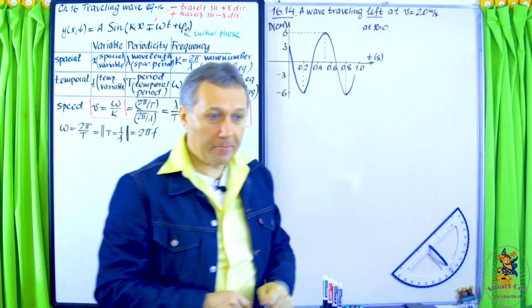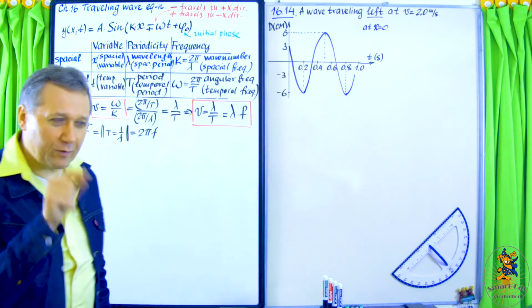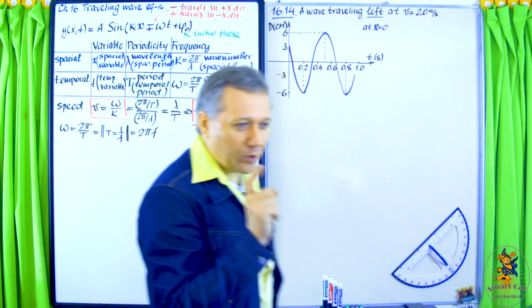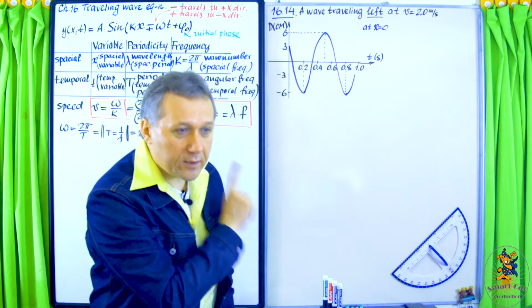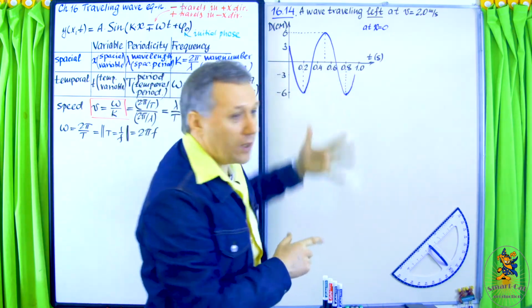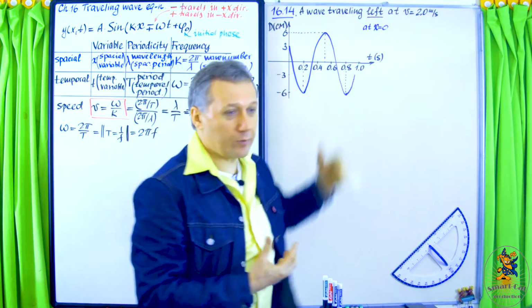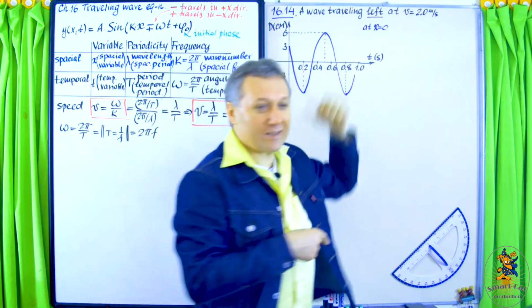X equals 0. And you remember how we call this type of graph? Again, at the end of the video and at the end of my notes, this is a history graph. X is fixed, and then you observe what happens with that particular point x equals 0 in time. It's a history of this particular point x equals 0.